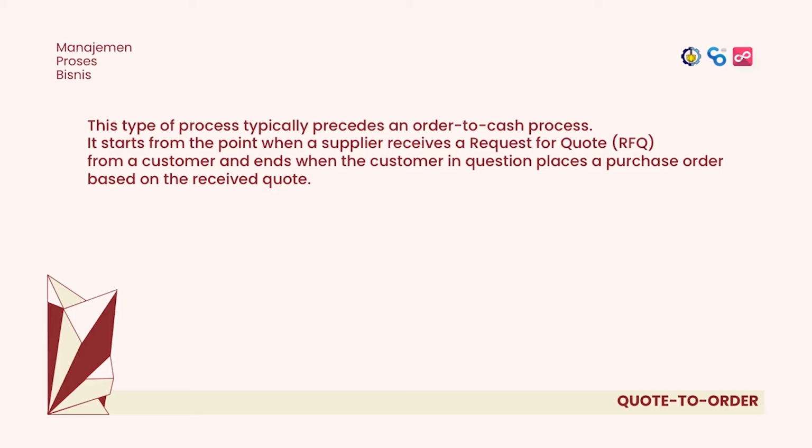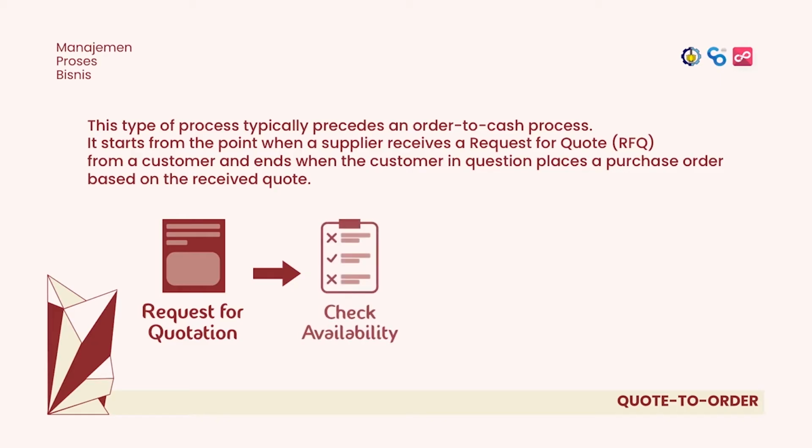Let's go back to the example of the interior designer company explained before. Now, there is another customer who browsed the company's product catalogs online, but they want to purchase several products with some adjustment. So, they send an email to the company to ask for a request for quotation. They typically want to know if the adjustment is possible, how much it costs, and when the company can deliver it.